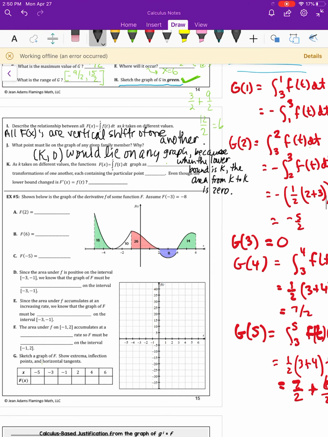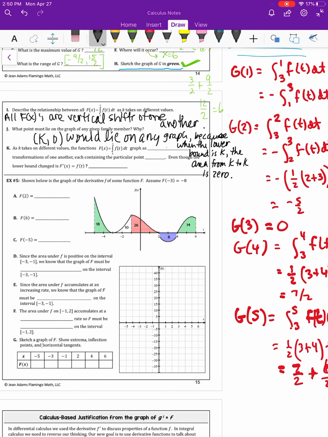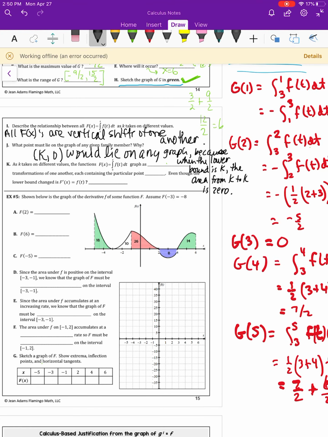Okay, so hopefully that makes sense and you can see what I mean by that. As k takes on different values, the functions capital F of x equals the integral from k to x of f of t dt graph as vertical transformations of one another, each containing the particular point k comma 0.